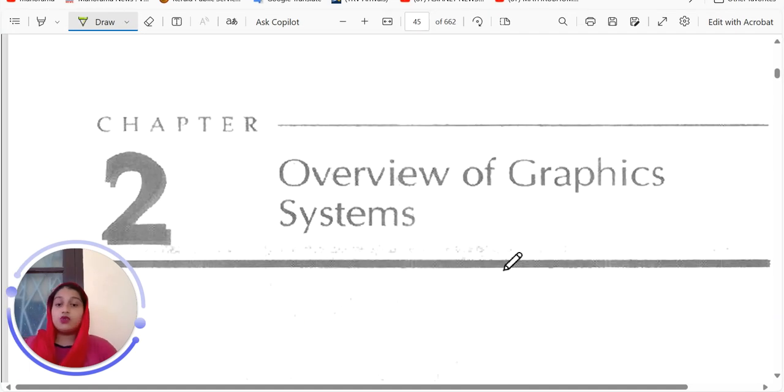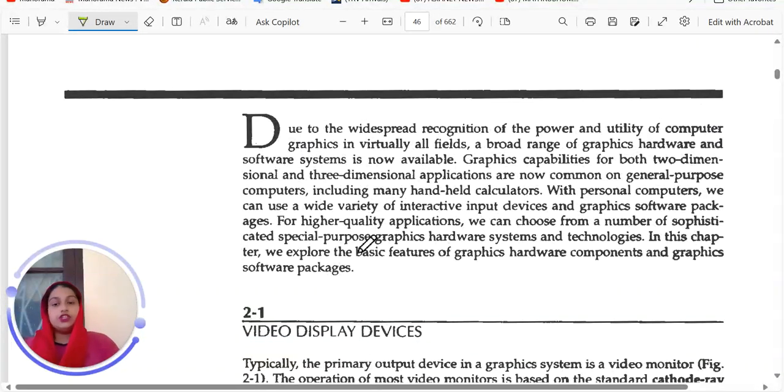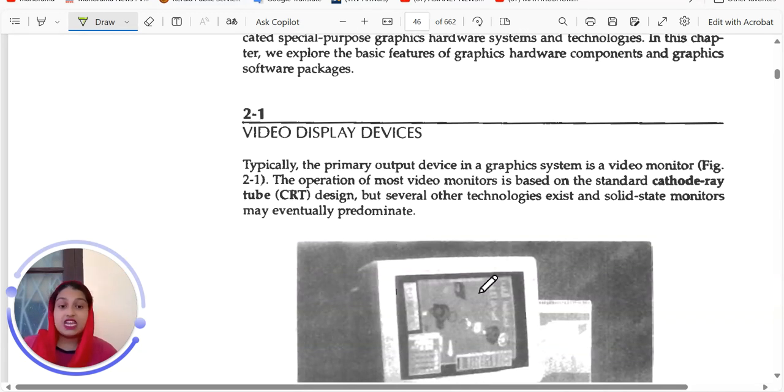Moving on. Now the overview of graphic system. Due to the widespread recognition of the power and utility of computer graphics in virtually all fields, a broad range of graphics hardware and software systems is now available. The video display devices, typically the primary output device, make sure you note this.